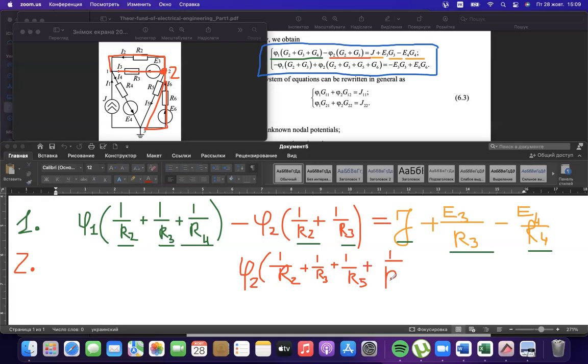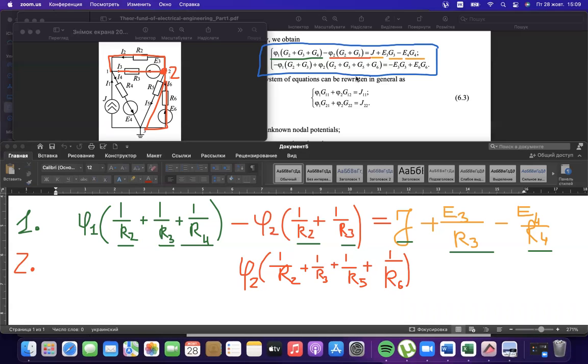And as you see, in the second equation there will be branches with R2, R3, R5, R6, but there will not be branch R4.